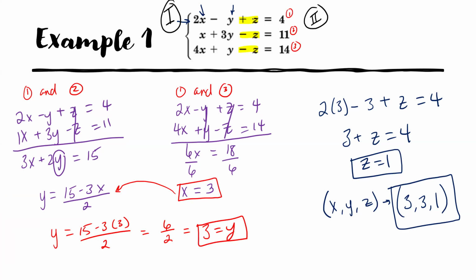So we chose our variable to eliminate. Then choose any 2 of the 3 equations. And we chose our first equation, which was 1 and 2. Then step 4 is select a different set of 2 equations. So step 4, we selected a different set of equations and also eliminated. Step 5 was to solve for those values. So we solve for y, solve for x.